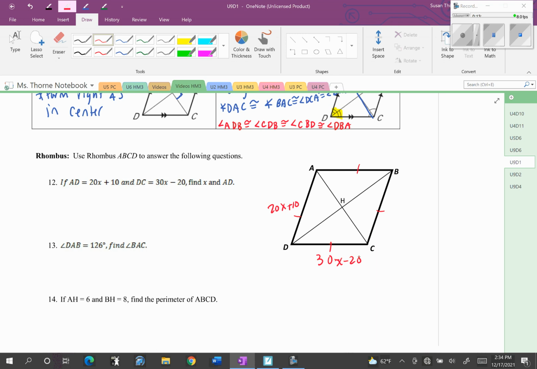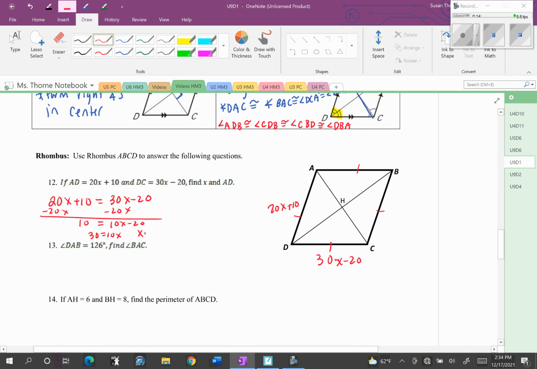So we set them equal to each other since we know that all the sides are equal. So 20x plus 10 equals 30x minus 20. So I'm going to subtract the 20x. So I get 10 is equal to 10x minus 20. Add the 20, we would get 30 equals 10x. Divide by 10.